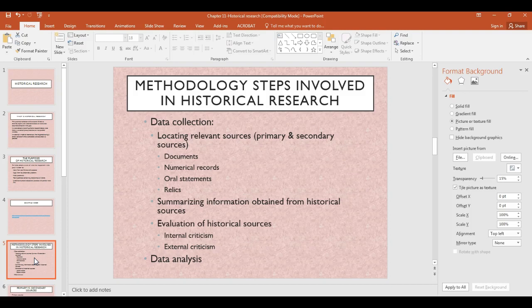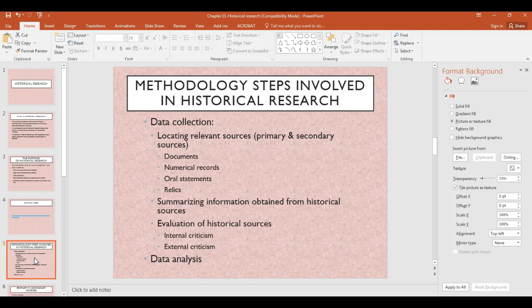Now, how can you do that? How can you look at a past incident and make sense out of it to come to that conclusion? You have to go through the data collection process in order to get to the data analysis. The data collection process starts with locating the resources that you want to explore.